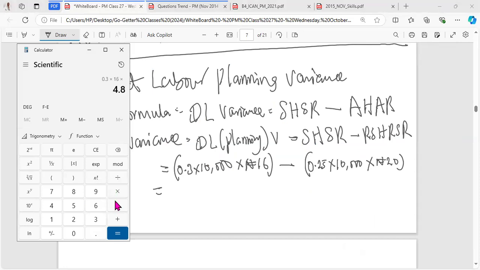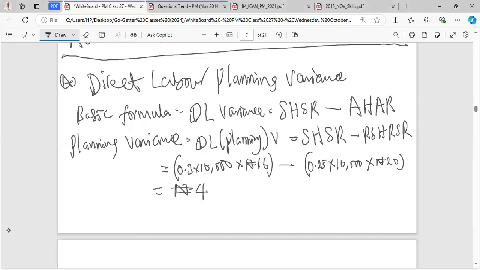Now 4.8 multiplied by 10,000 should give us 48,000. And we know that 50 naira times 10,000 is 50,000.